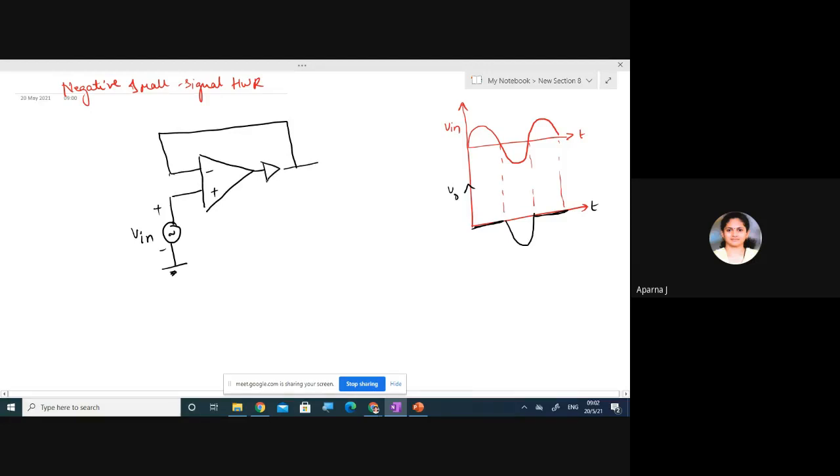So this was the earlier diagram. Now what change should we make so you get only the negative cycle, not the positive cycle? Anyone?